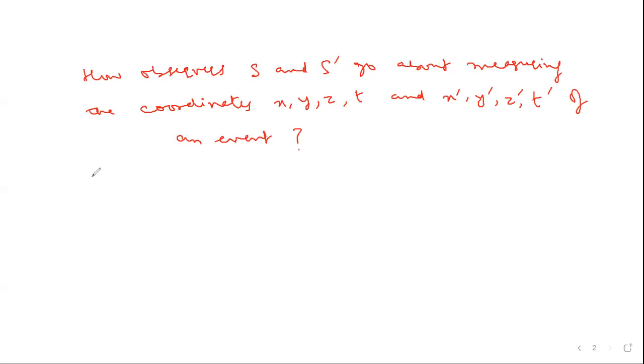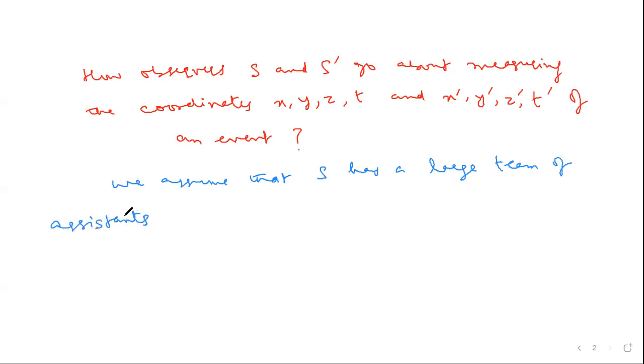So what we do, we assume that observer S has a large team of assistants available to help in the setting up of a coordinate system.